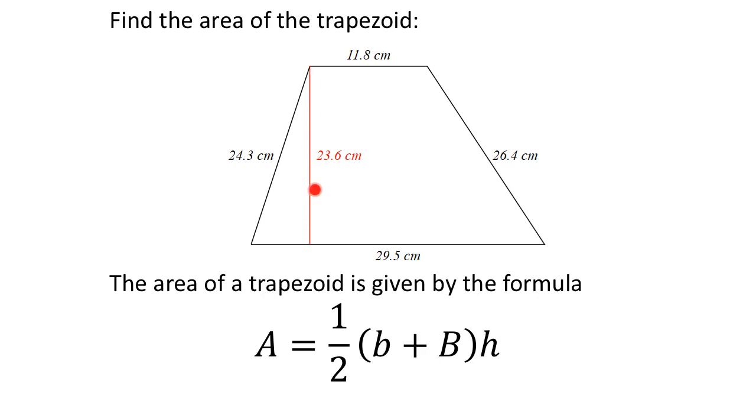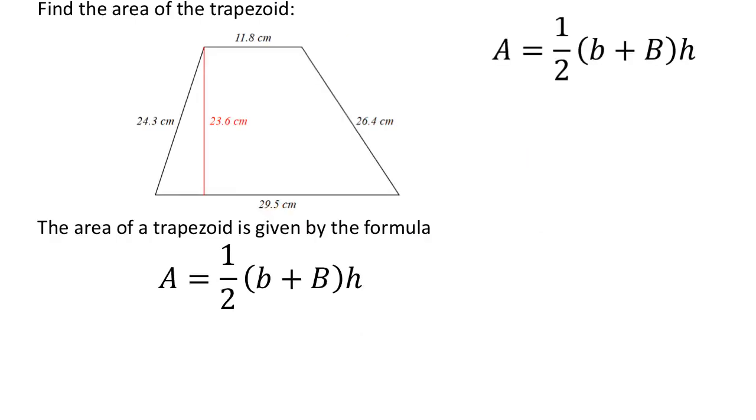Now the red side here, we'll get to that, but I'm just ignoring that for now. And I'm looking for the two sides that are parallel. So I got this one, which is parallel to this one up here. So those are my two base values. So just identifying the two bases, right? I got this little one right here, and that shows at 11.8 centimeters.